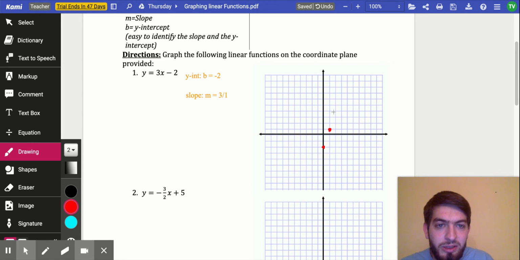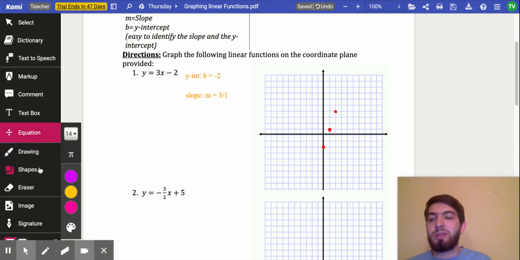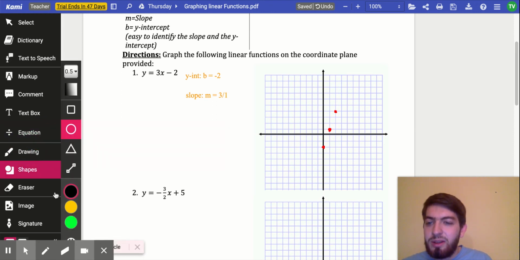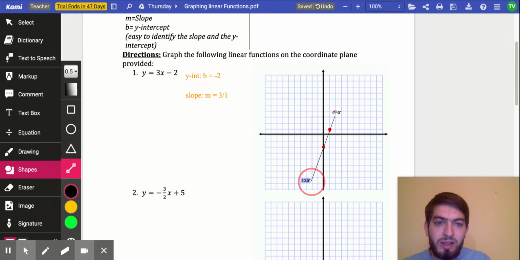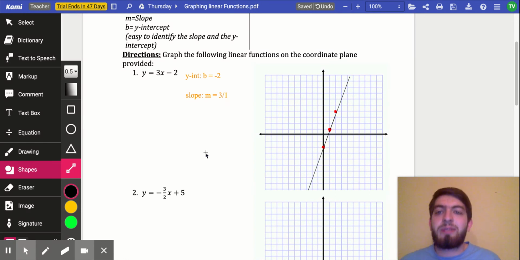Up 3 and over 1. And I can do that as many times as I want, or I can just put 2 points, that's fine. And then we connect those points with a line. So that's really all there is to graphing in slope-intercept form.